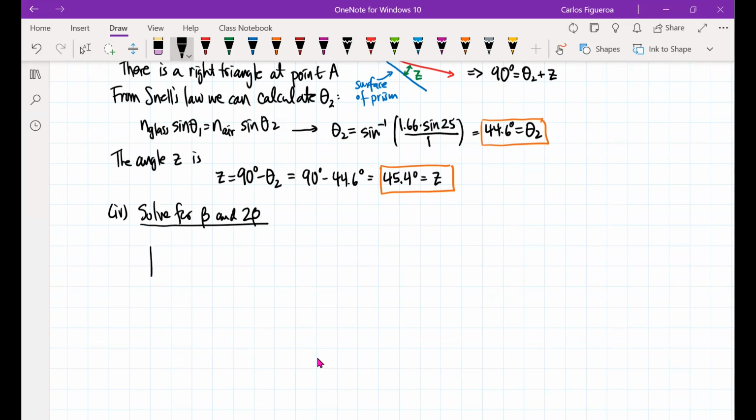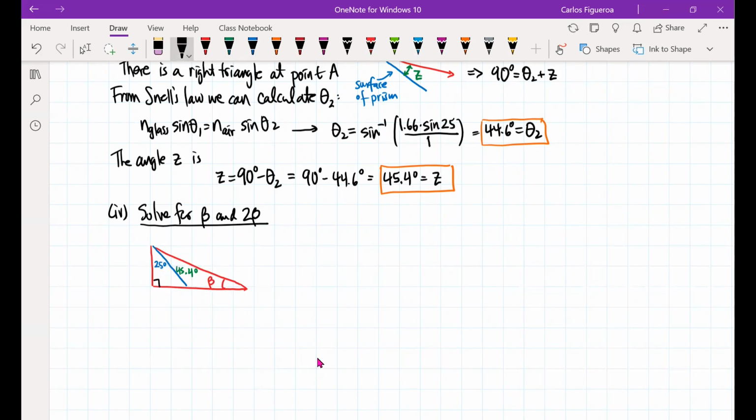The way we'll do that is, if I just summarize what we have here, note that we have this red triangle. We know that this angle here is beta. We know that this is a right angle, and then we see here that there are 2 angles that we know. We know this angle here is 25 degrees, and we know this green angle Z is 45.4 degrees. So now I just have to sum these angles.